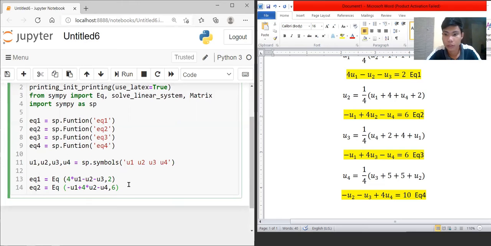So equation 2: negative u1 plus 4 u2 minus u4 equals to 6.